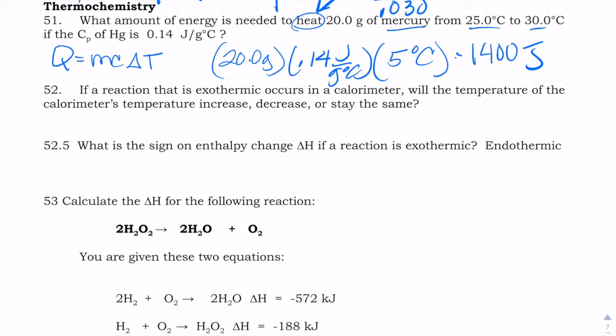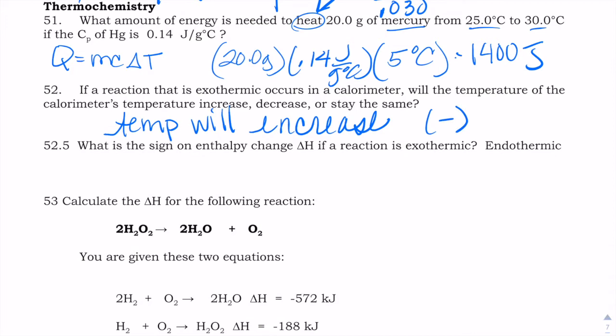So the reaction's exothermic, it's releasing energy. If it's going to release energy, the temperature will go up because it's being given off. And it'll be negative, a negative sign.